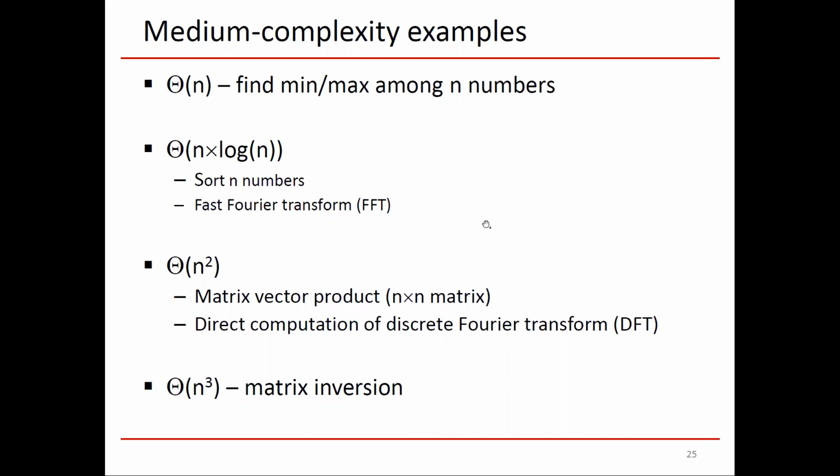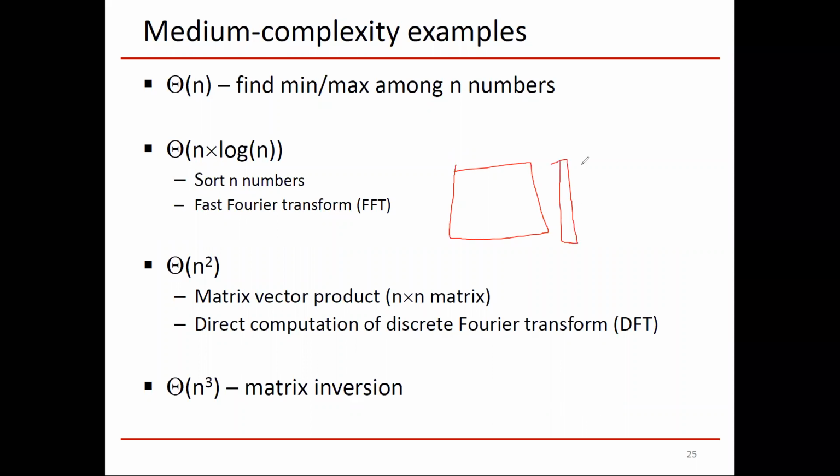So just to make this clear, we'll have a matrix, and we'll be multiplying it by a vector. The vector will be a column vector of length n.